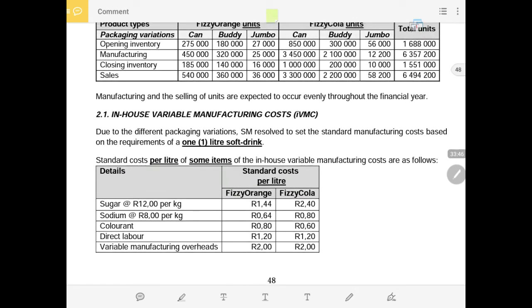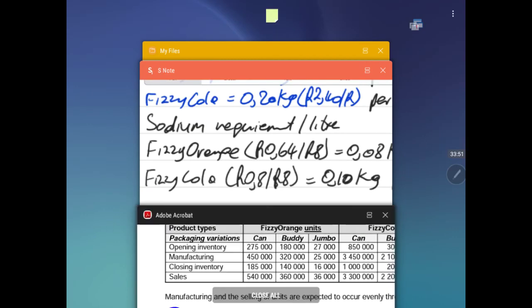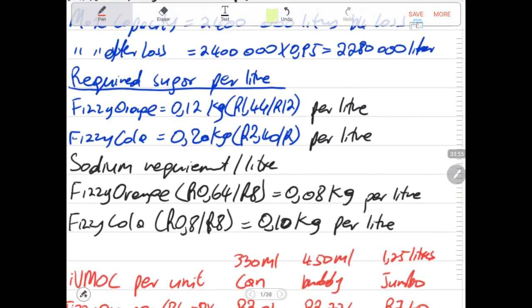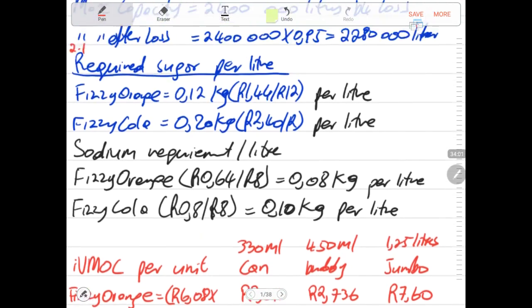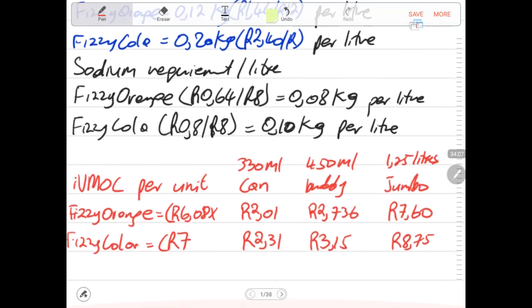I should have done numbering there. This is under 2.1. We can be specific and say 2.1, where we did the requirement of the sugar per liter and requirement of the sodium per liter for each of the two product types.